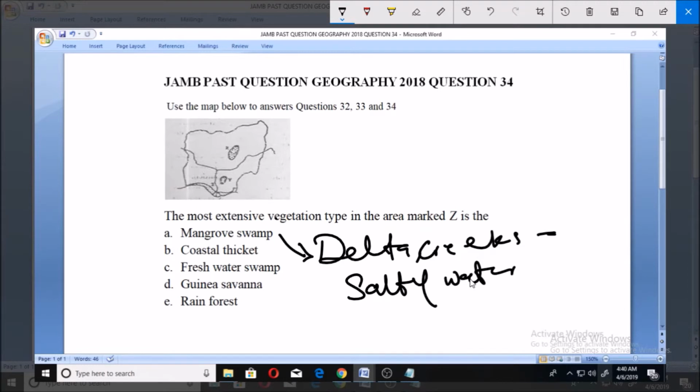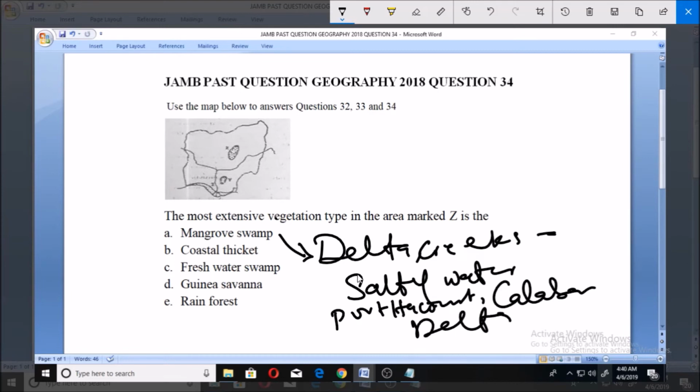It is found in places like Calabar, Port Harcourt, Delta, etc. So we're talking about areas like Port Harcourt, Calabar and Delta areas, and that is the area along this side, and that is why we'll pick option A as the right answer. Thank you.